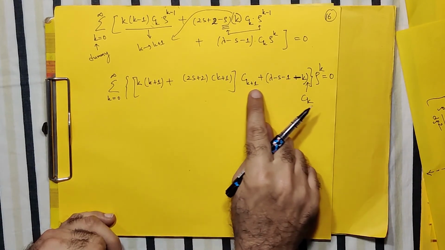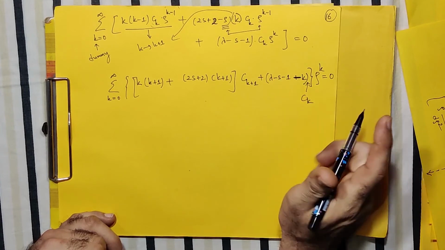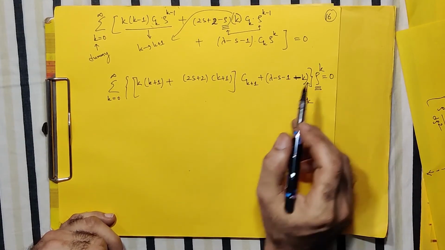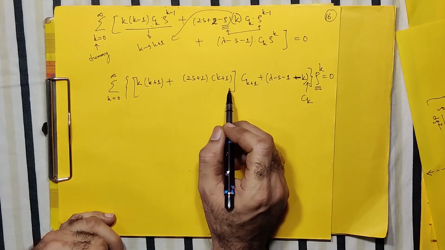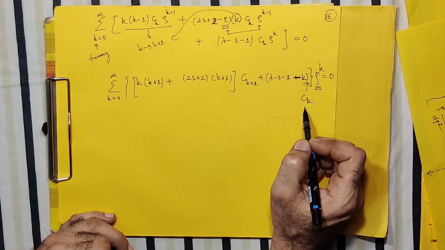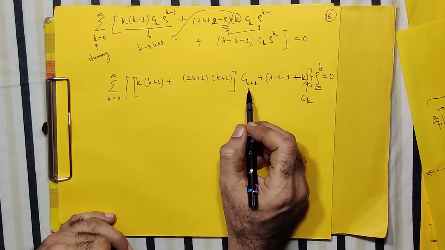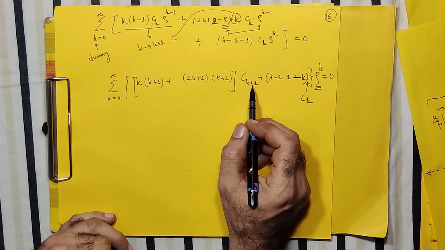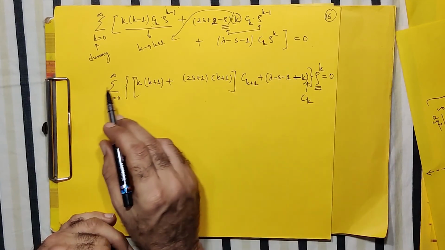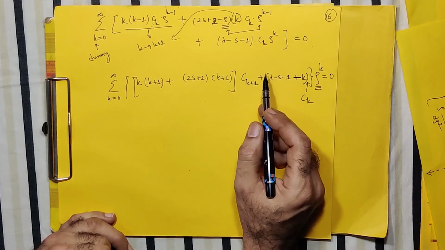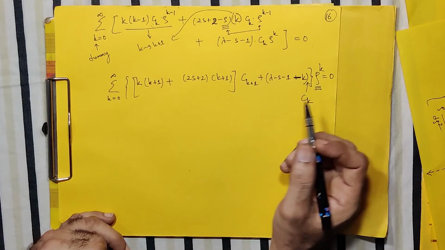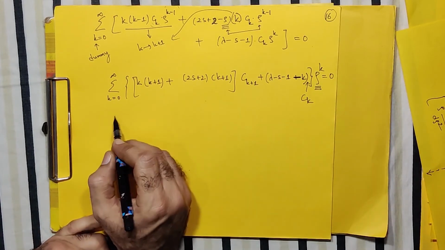Though this equation is entirely written for rho raised to k power, the first term is giving contribution not from the coefficient ck, but its contribution comes from the next coefficient, that is ck plus 1. This entire equation which we have written is for arbitrary value of rho and arbitrary value of k. So for each k term this is also true.